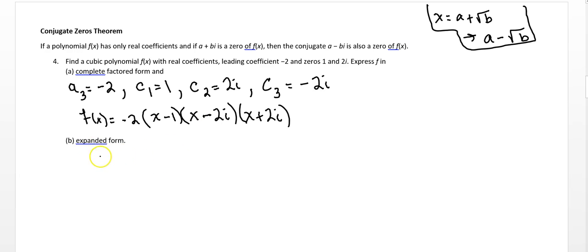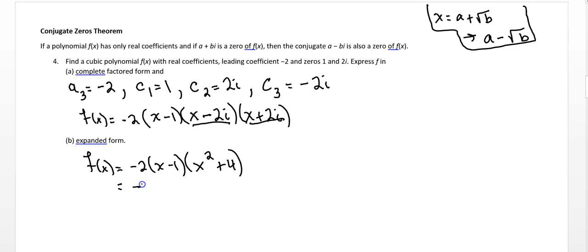Putting it in expanded form, we already know what this equals, which is x squared plus 4. And now multiplying x minus 1 times x squared plus 4, we get x cubed plus 4x minus x squared minus 4.